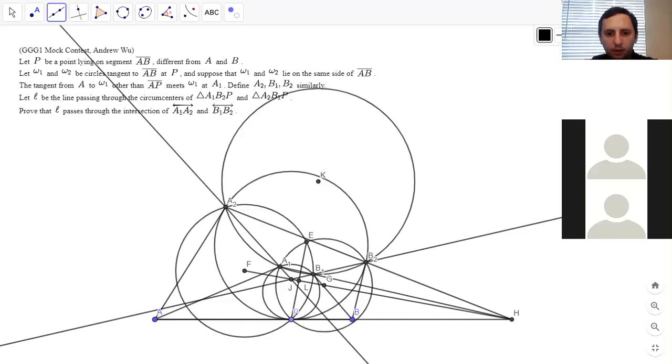Oh, really? Inversion with radius... interesting. Wait, how would that work?